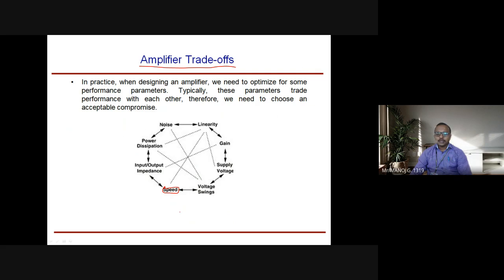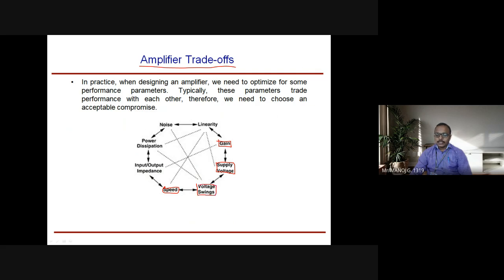And the major one is the gain. If you are a design engineer, gain would be the major one. For me, speed is also an important one. The second one would be voltage, supply voltage. What is the supply voltage of your amplifier? That's the second major one. Third one is your voltage swing.